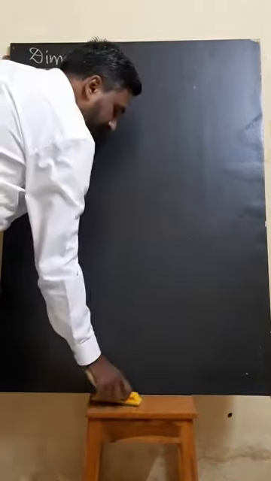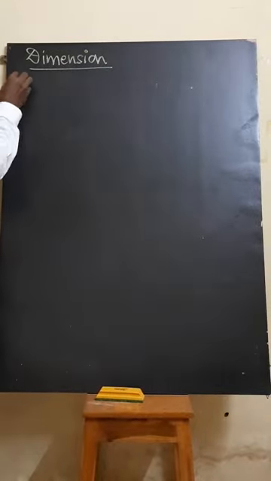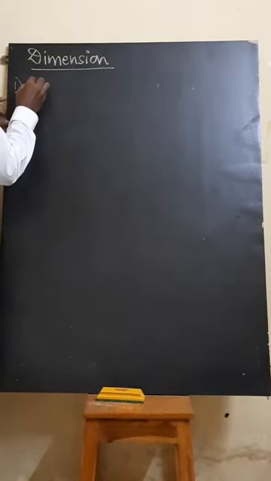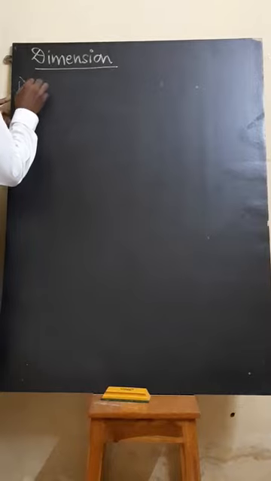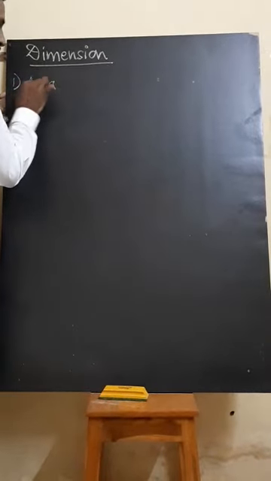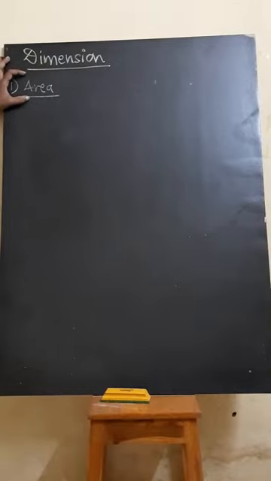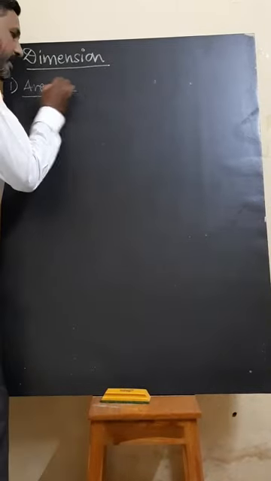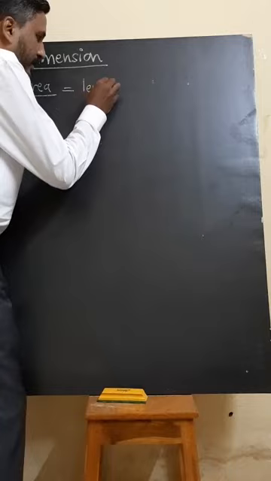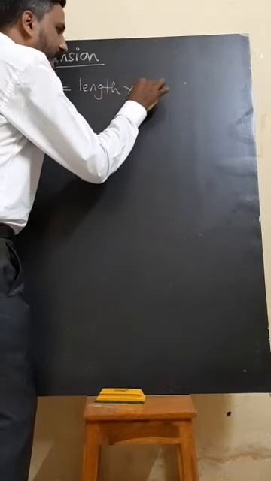Now we see some examples of the dimensions of a physical quantity. Now the quantity is area. Area is not a basic or fundamental physical quantity, so we have to write down the formula for area. Area is nothing but length into breadth.